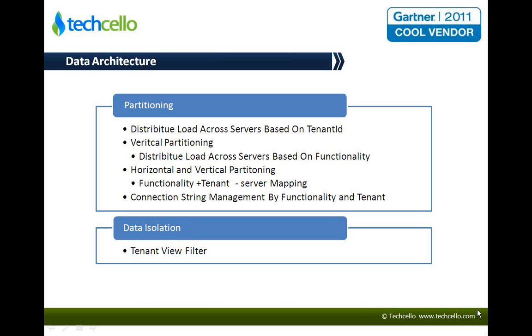So if you're expecting a higher number of customers and a higher number of users, what you should do is have a sharding principle or partitioning principle. You can go in for horizontal partitioning, wherein you should have the ability to distribute your tenants in different servers so that the load is evenly spread.